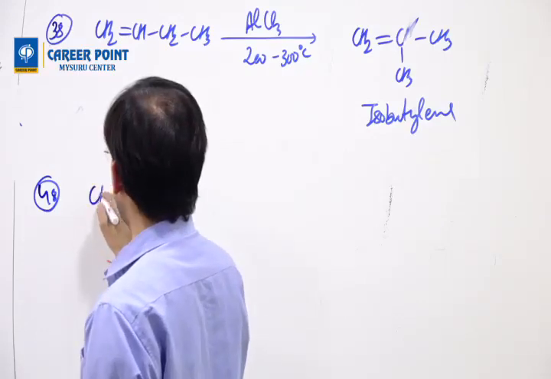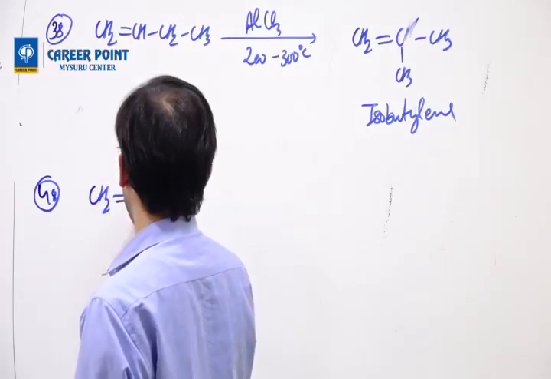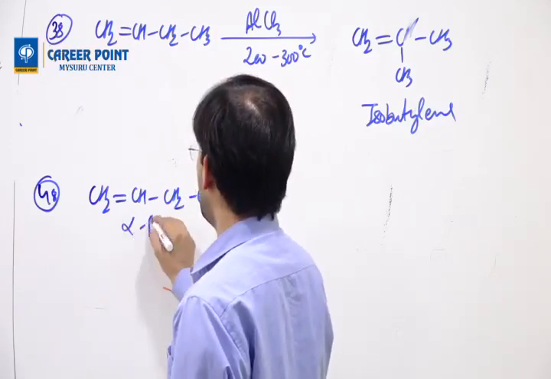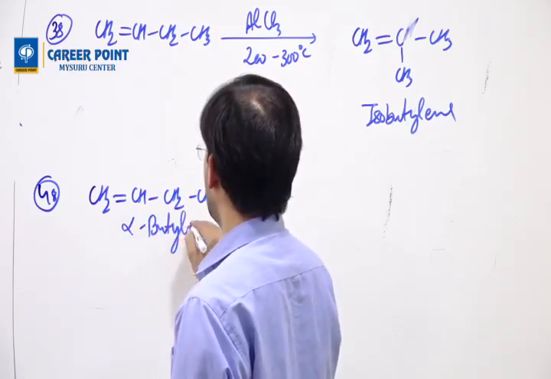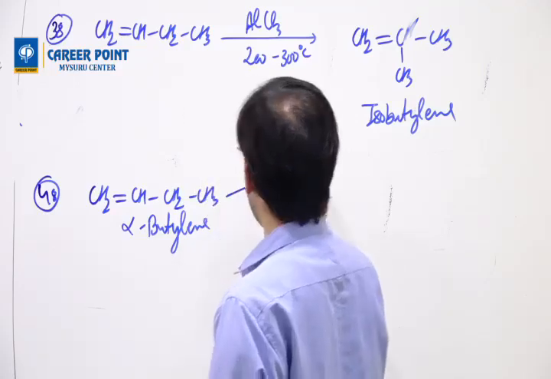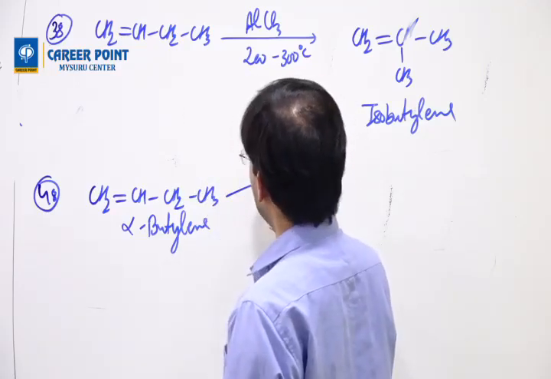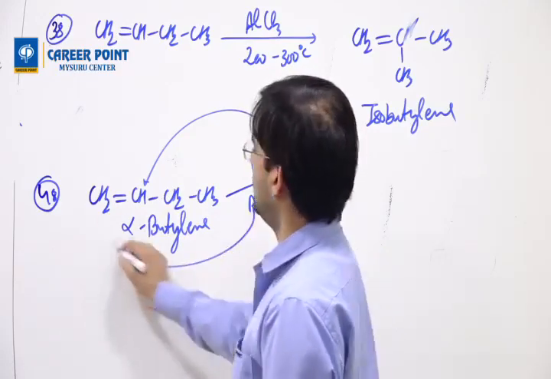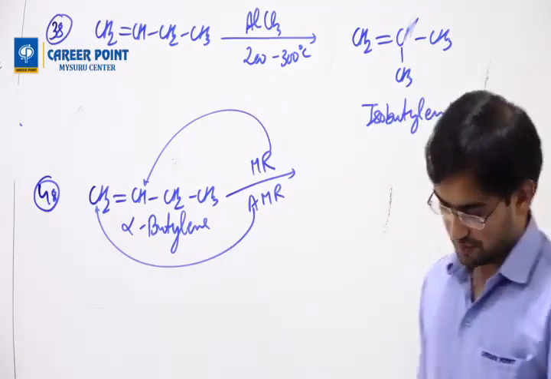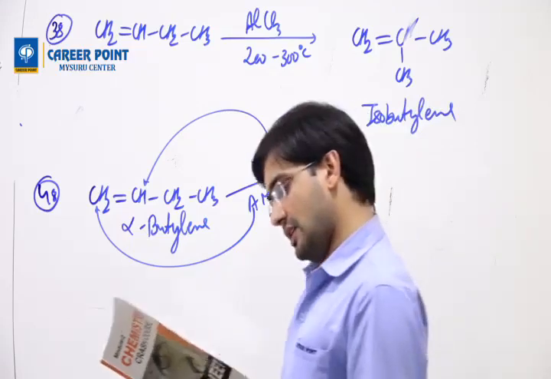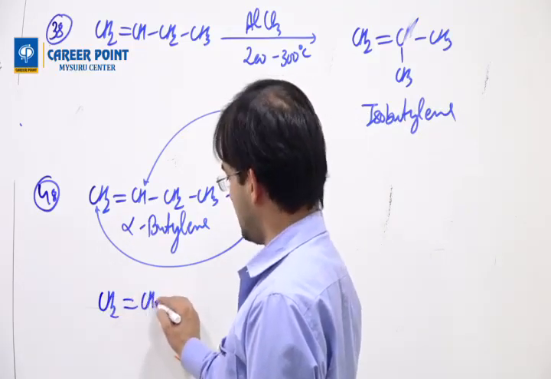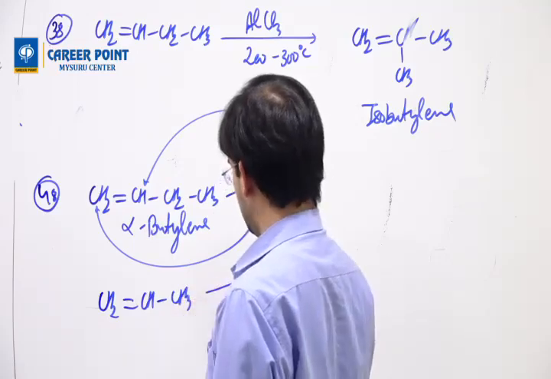Alpha butylene is CH2 double bond CH, CH2, CH3. If you apply Markovnikov's rule, attack will happen here. If you apply anti-Markovnikov's rule, attack will happen here. So different products. Then propylene, CH2 double bond CH, CH3.